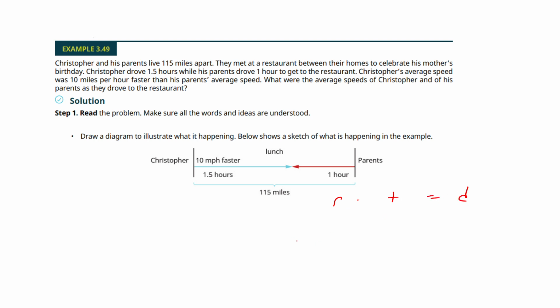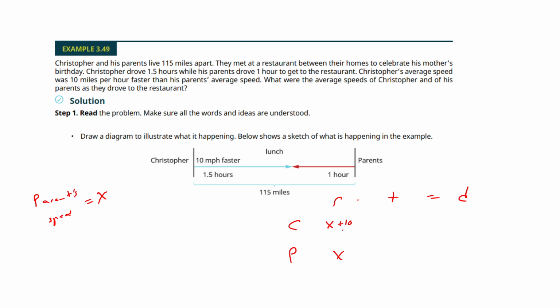All right, so I'm going to build my table here, and I've got Christopher and his parents. And who's faster? Okay, so we're going to build off the parents' speed. If you read through there, you'll see their speed is the one we can build off. Theirs is x, and he's 10 faster.